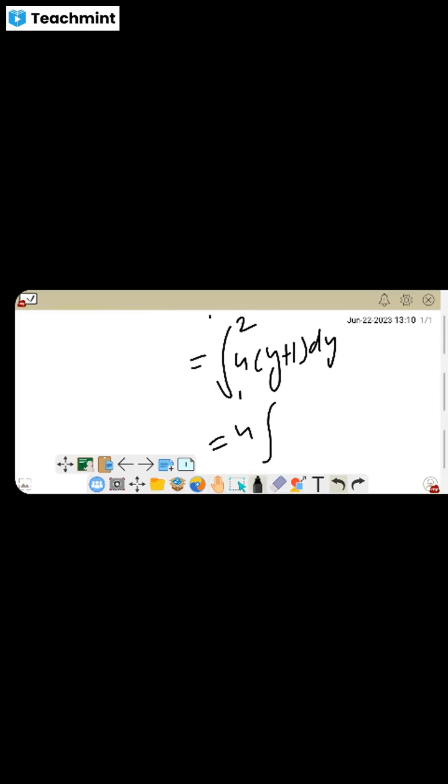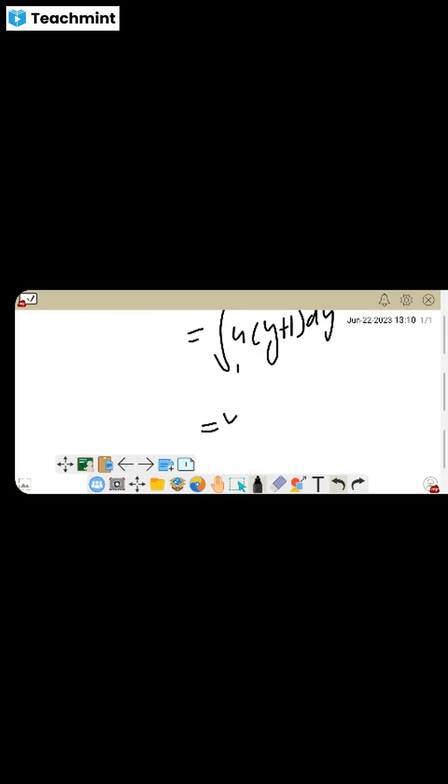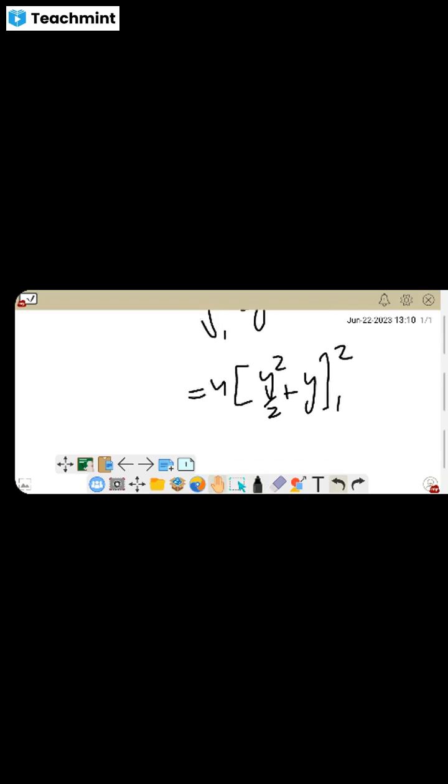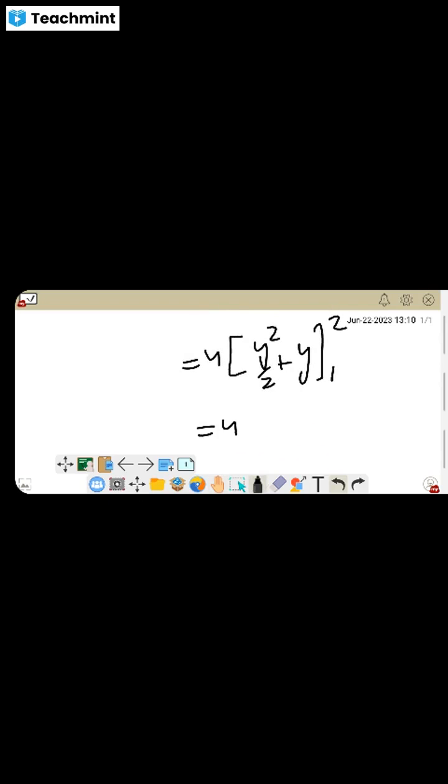Now integrate this y plus 1. We have y square by 2 plus y. Now just apply the limit. Upper limit: 2 square by 2 plus 2, minus 1 square by 2 plus 1.